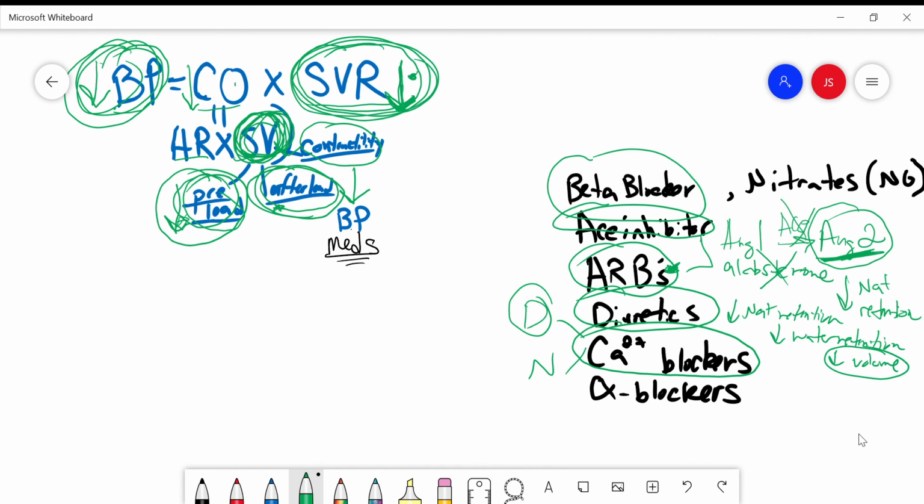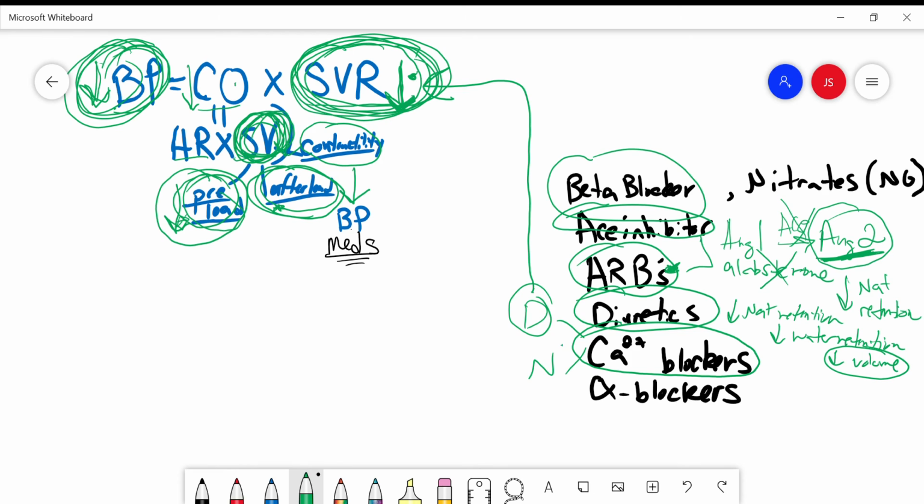So it would block the calcium channels that are needed to constrict the blood vessels, the smooth muscle. So this kind of calcium channel blocker would decrease systemic vascular resistance up here. And that would decrease blood pressure over on this side.